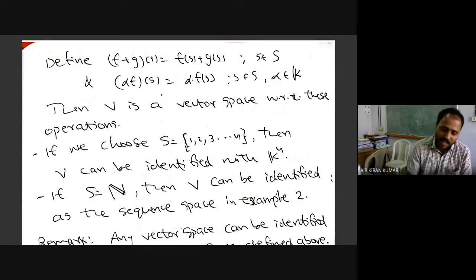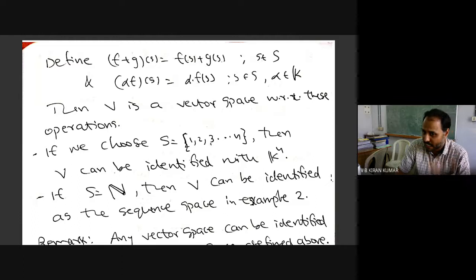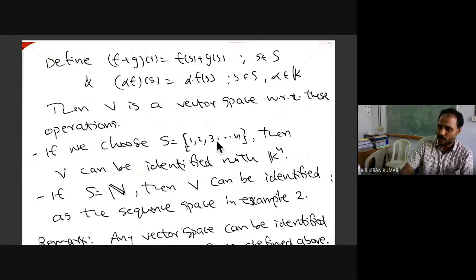This is a very important vector space. In fact, by different choices of S, you can find most of the familiar vector spaces. For example, you choose {1, 2, up to n}, then they are simply functions defined on the set {1, 2, 3, up to n}. You can identify it with Kn, because each function on this set is determined by its values f(1), f(2), f(3), etc. up to f(n).